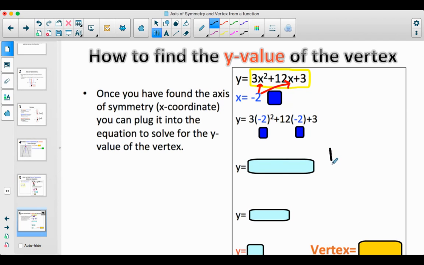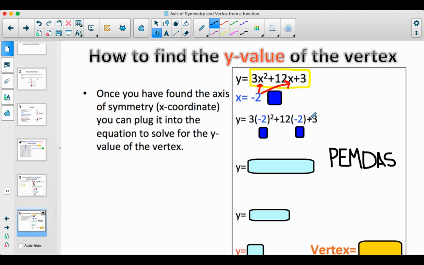In order to solve this, we need to follow order of operations, which you guys know as PEMDAS. This is the order of operations in which you solve an equation. So P stands for parentheses.